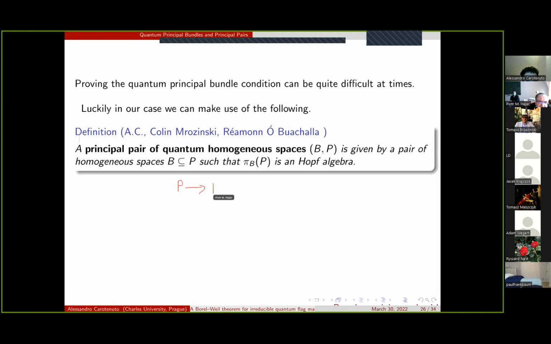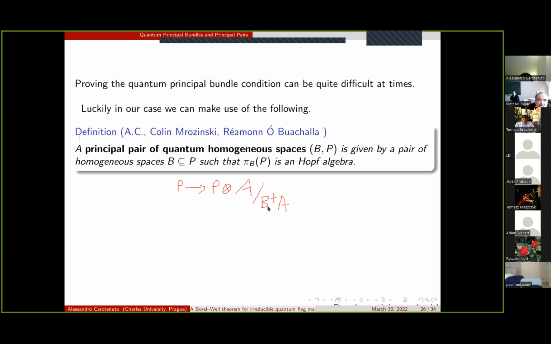Because this is a homogeneous space. P tensor A, that's what I was writing. P tensor A over P plus times A, right? Yes, exactly. Now P plus A.